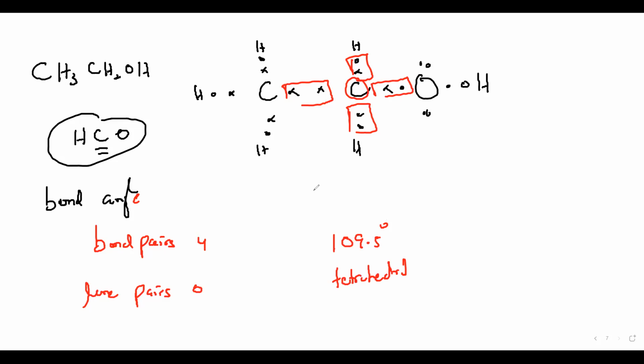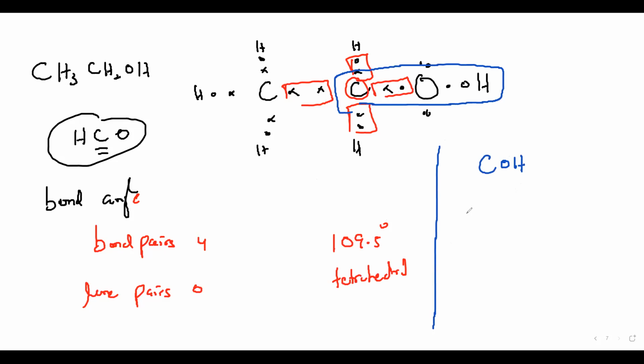But what about the same question, if they asked to predict the bond angle for COH? So COH is this part. Now the central atom is oxygen, so you have to check oxygen. When you check oxygen, the number of bond pairs is 2, and the number of lone pairs is 2 as well.